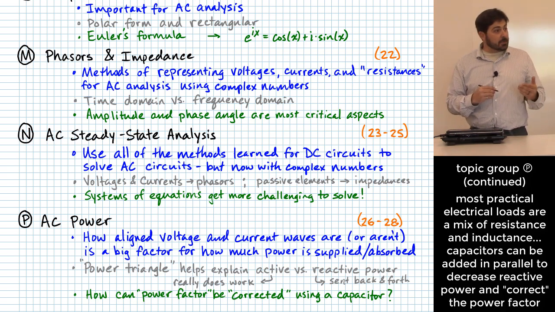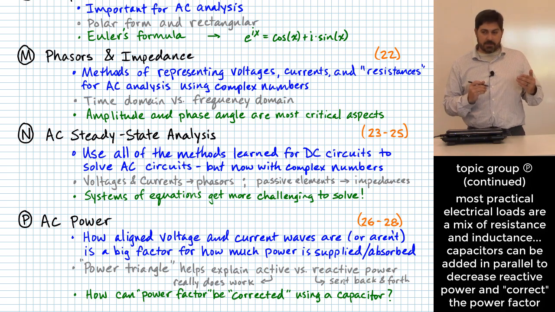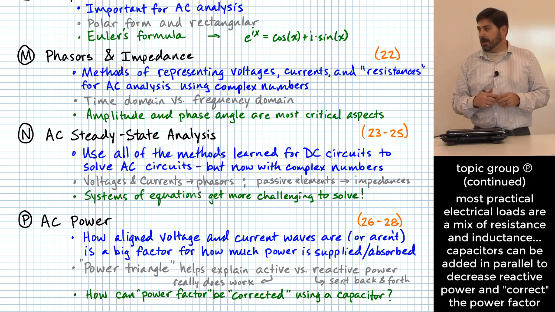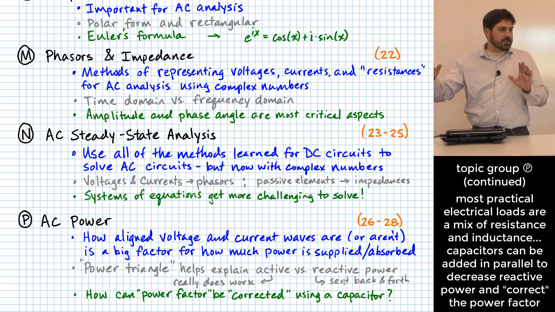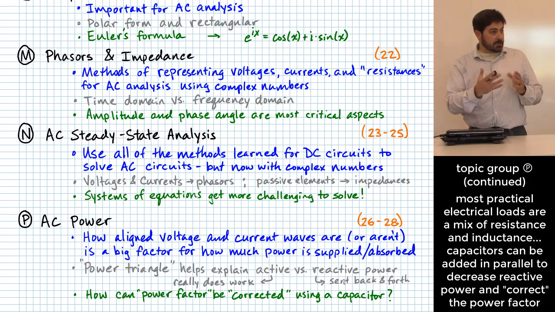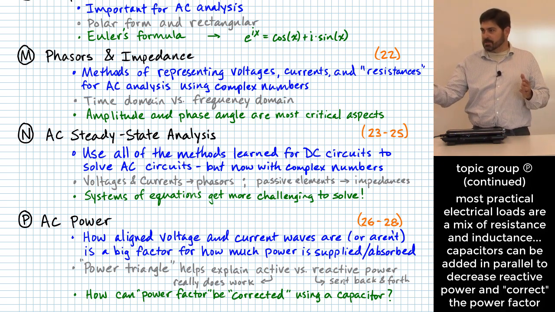And so the last topic we're going to talk about is called power factor correction. When you have some kind of real load that you're putting on an AC circuit, usually those loads, because machines that operate electrically are almost always based on electromagnetics, are going to be something like a relay or a motor, based on a coil of wire that's doing something electromagnetic. So they're usually inductive, right?